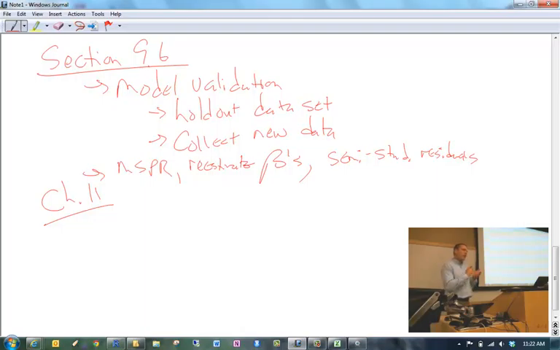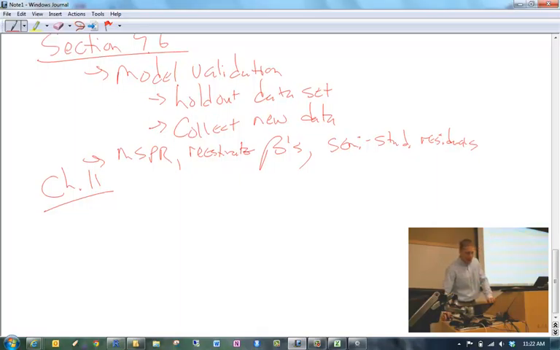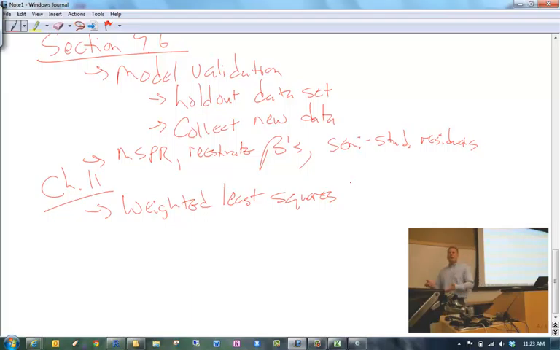And these all rely on some quite big deviations from the model that we talked about from Chapter 1 through 10. In particular, we talked about weighted least squares. And this gives us another way that we can estimate our model, where we assign weights essentially to every observation.